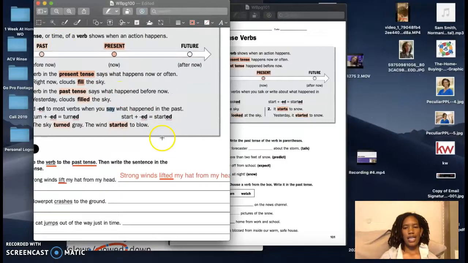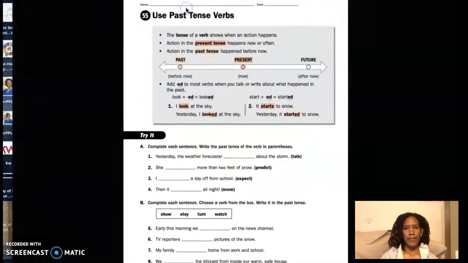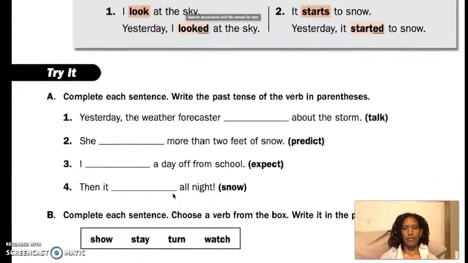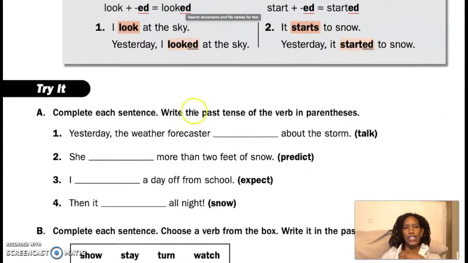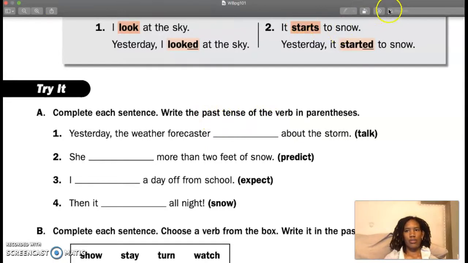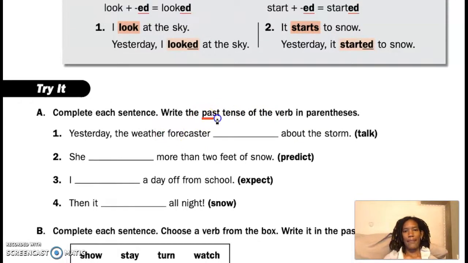And then the second page, we have a little bit of time. Same thing. Okay. Using ed. Now, it says complete each sentence, write the past tense of the verb in parentheses. So that means this word.